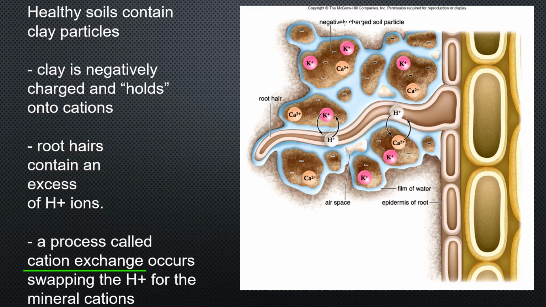And that means that we're swapping those hydrogen ions for the essential minerals that the plant needs. So remember when we talked about the cation exchange capacity of the different soil particles? Well, clay has a very high cation exchange capacity.